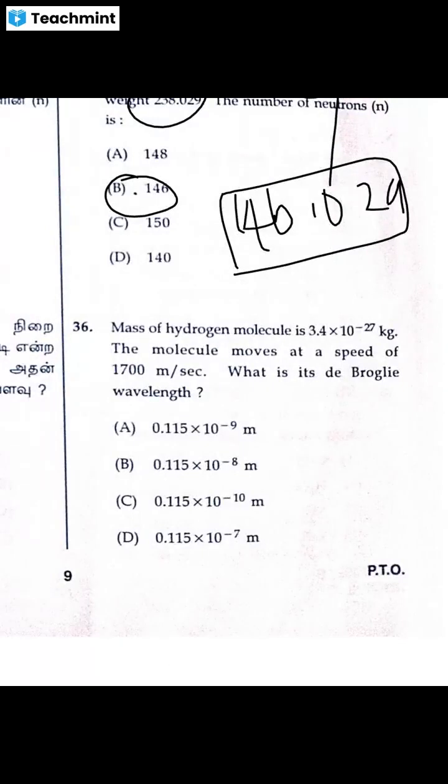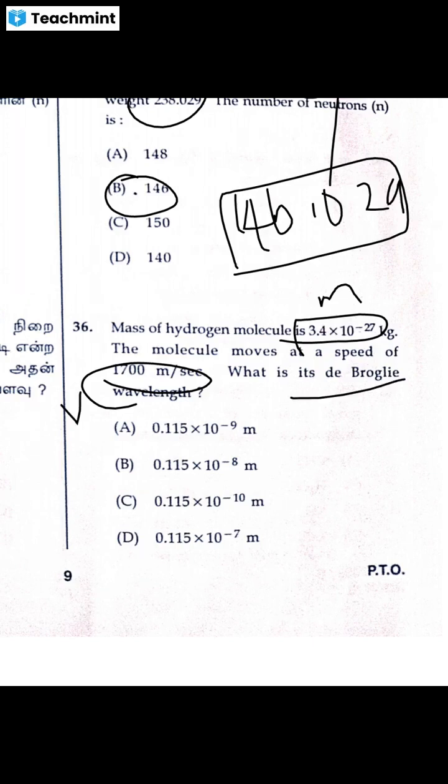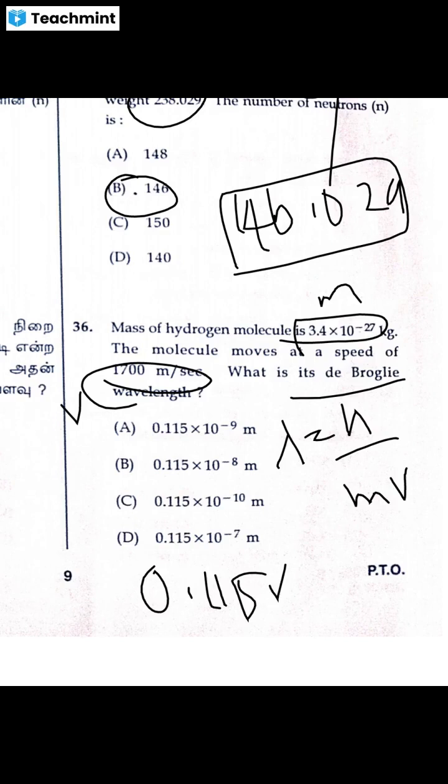Here they have given the mass of hydrogen and the velocity in meter per second. They are asking to calculate the wavelength lambda. So lambda is equal to h divided by mv. Substituting the values directly, we get the answer 0.115 into 10 power minus 9 meter.